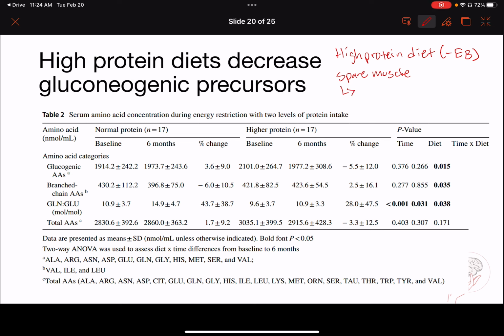And it's doing this by decreasing gluconeogenesis using muscle.